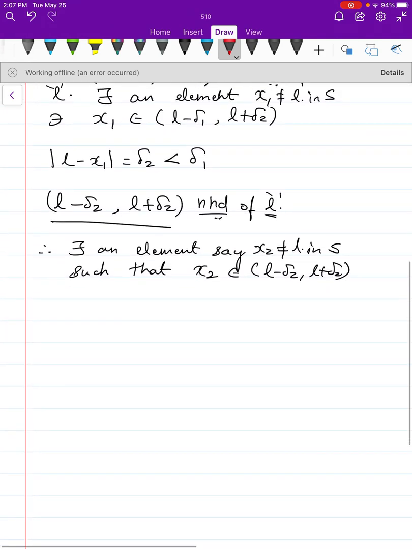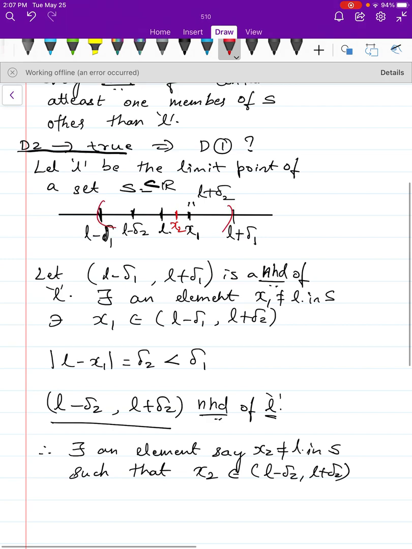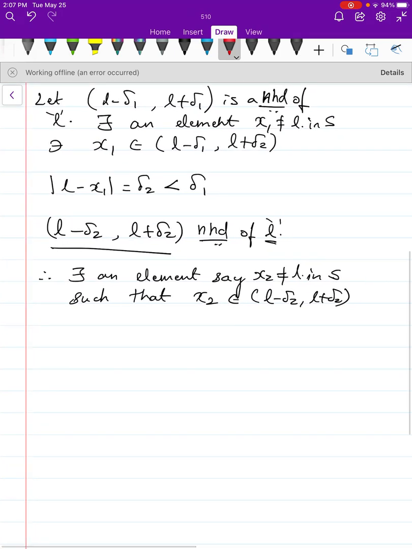Correct? So if you continue this process again and again, you are going to bring the open intervals closer and closer. And it can never end because you have an infinite number. However small two real numbers you take, you have an infinite number of real numbers in between. So you can take this process to an infinite number of times. Correct? So then what do you get?